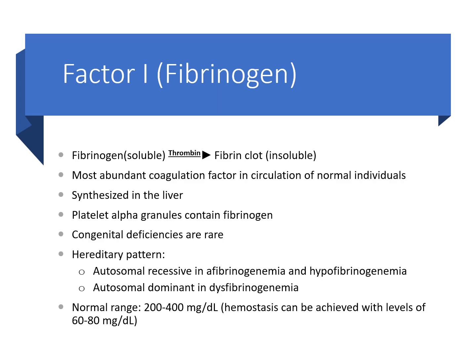But first, let's talk about the normal range of fibrinogen. We should have 200 to 400 milligrams per deciliter of fibrinogen in circulation. However, our body is, once again, I will say it over and over again, amazing at compensating, and hemostasis can be achieved with levels of only 60 to 80 milligrams per deciliter without risk of hemorrhage.